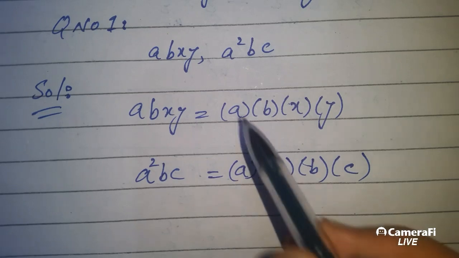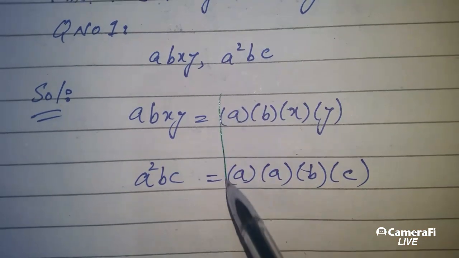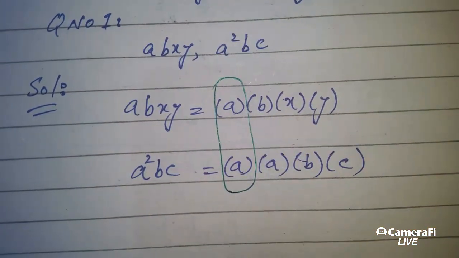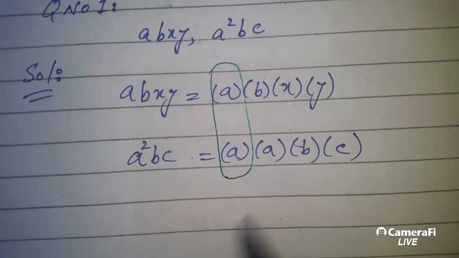Which are the common factors? For example, A is here and A is also here, so A is a common factor.